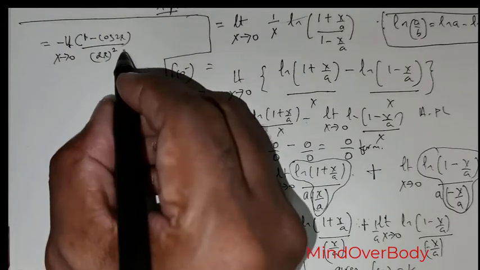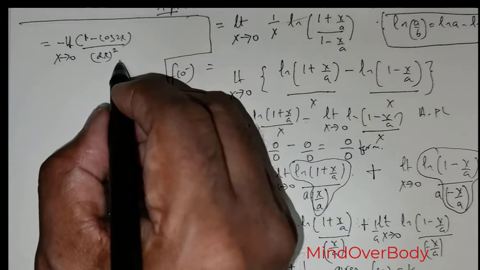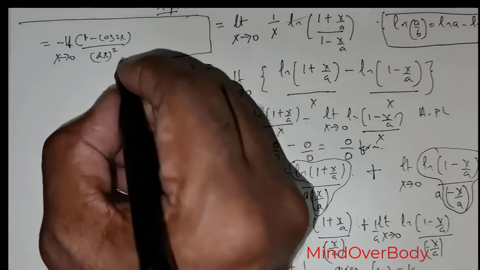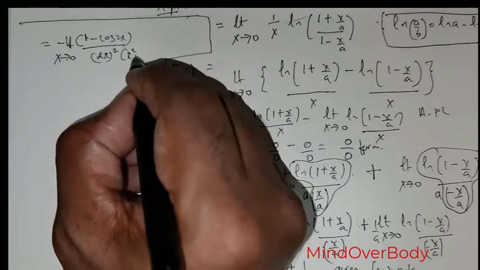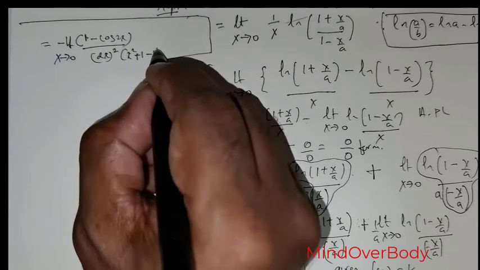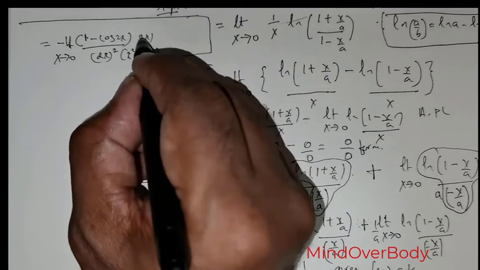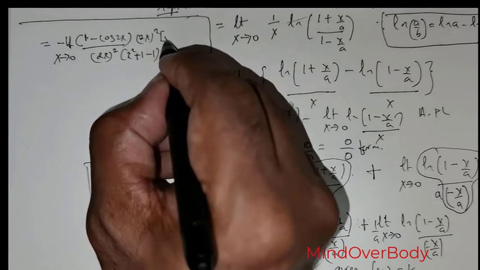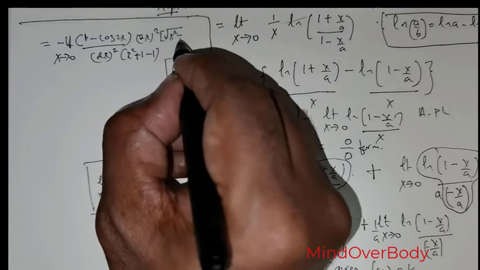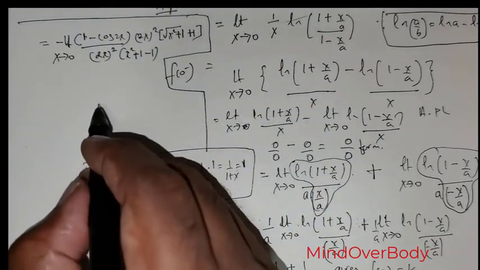Then we are multiplying and dividing by root of x squared plus 1, followed by plus 1. So that's going to be root of x squared plus 1, followed by a minus 1, and in the numerator I get 2x raised to the power of 2 followed by root of x squared plus 1 plus 1. So this is what I got.